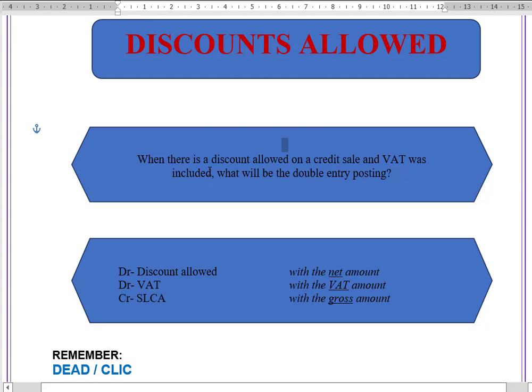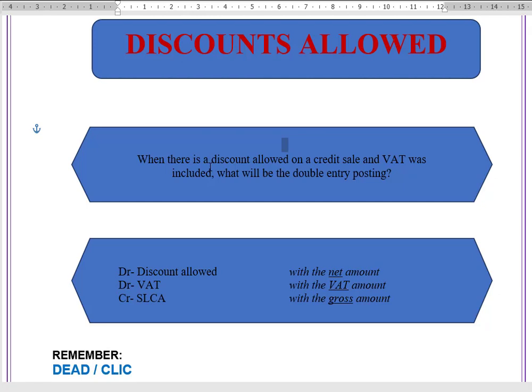You have allowed your customer a discount. They've taken up a discount. What will you debit and what will you credit in order to account for that discount? Please bear in mind, discount allowed is an expense to you. That expense is being borne by your organization. So it is a cost that you are bearing.